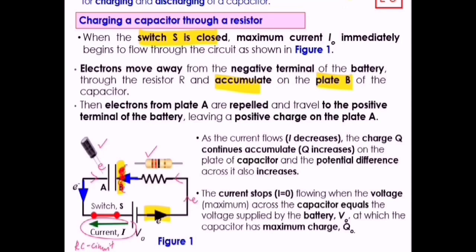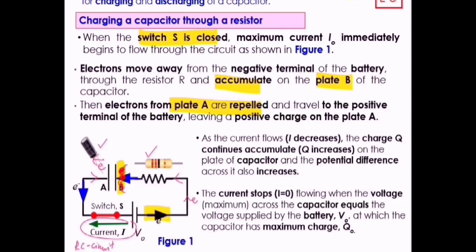Since plate B is already negatively charged, this electron from plate A will be repelled. So it will flow out again. So they say the electrons from plate A are repelled, and they travel to the positive terminal, leaving the positive charge on plate A.